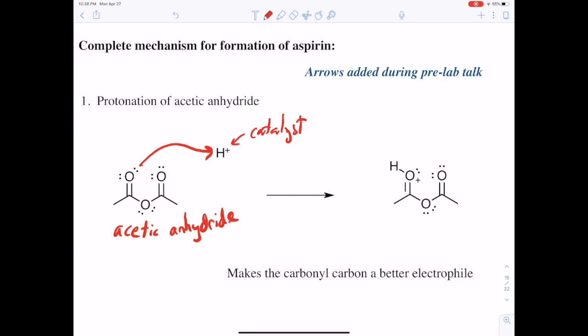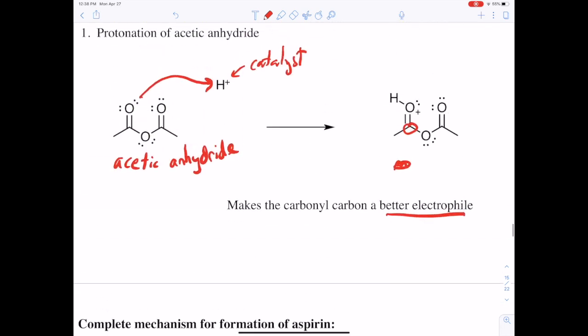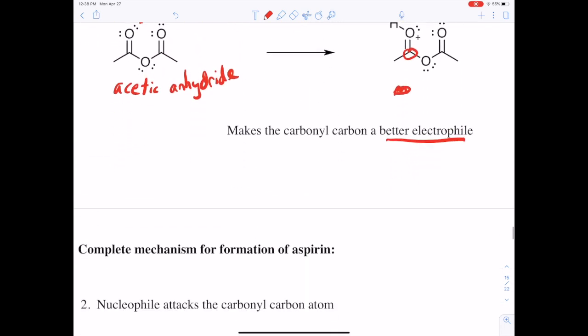And why do we do this? This makes a better electrophile. So this carbon right here of the carbonyl is an electrophilic carbon, and the nucleophile is going to attack that. And by protonating the oxygen, it makes it a better electrophile.